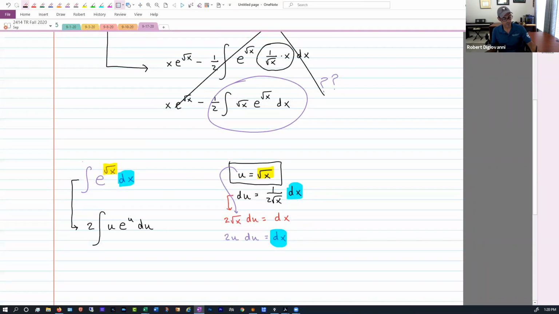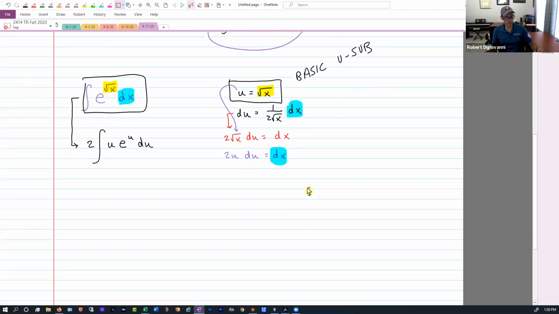We started here. We did a basic substitution first, a basic U sub. When we did the basic U sub, we now have this new integral. And to do that integral, I'm going to use integration by parts.